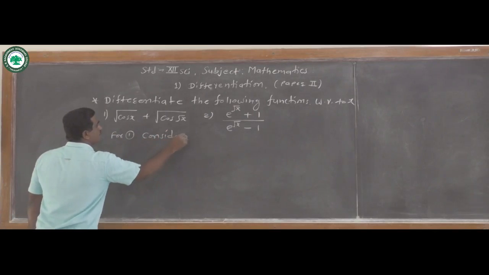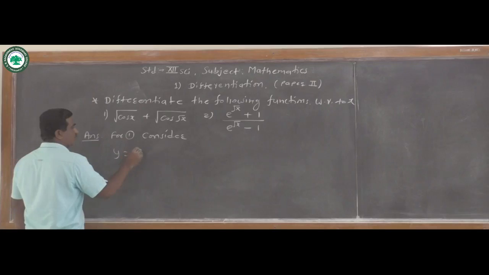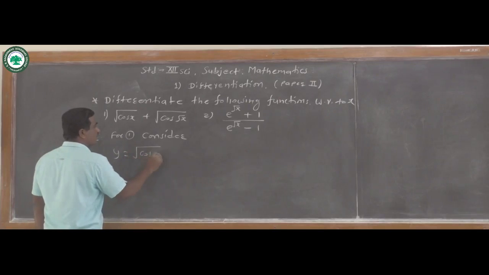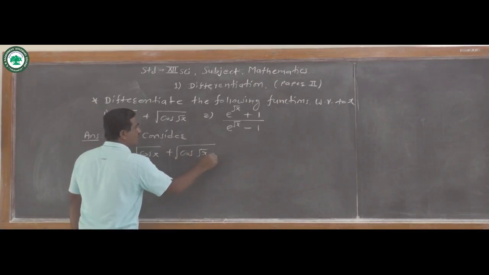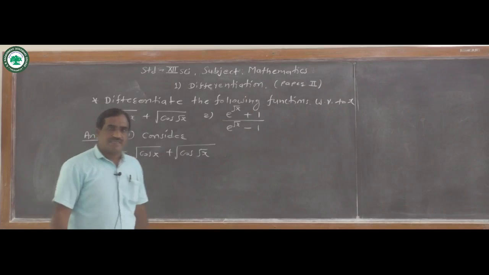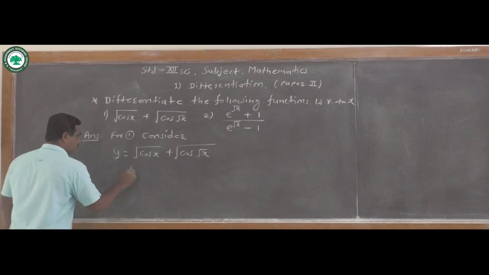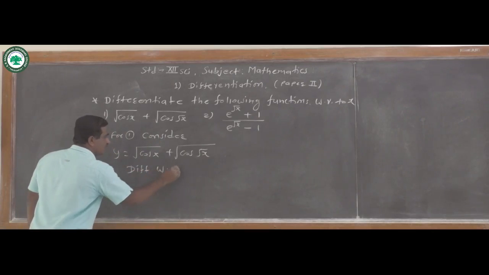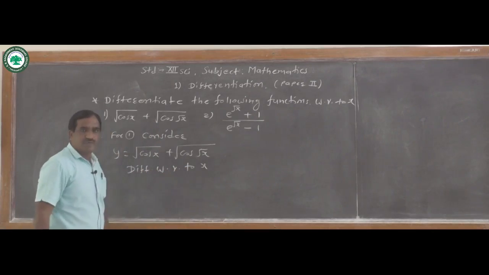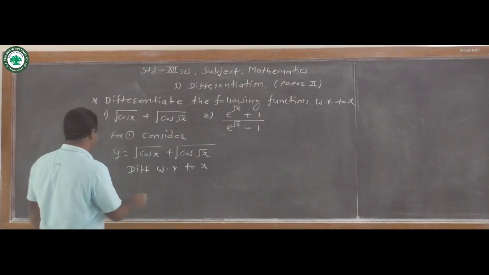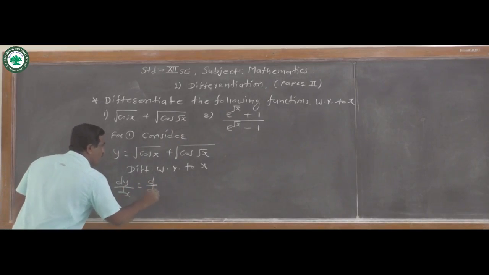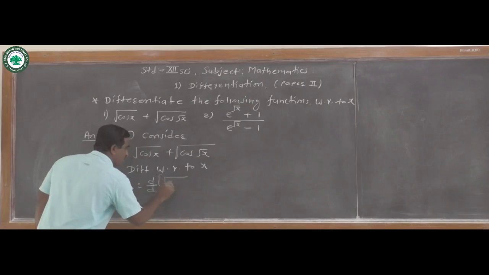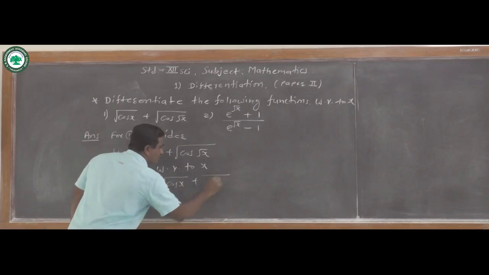Consider y is equal to under root cos x plus under root cos of root x. Now differentiate this equation with respect to x. Therefore, dy by dx is equal to d by dx of under root cos x plus under root cos of root x.